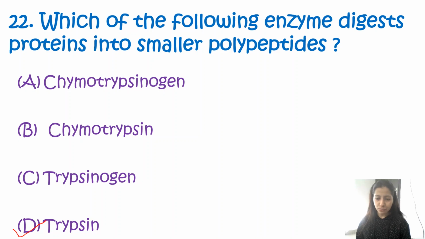This active trypsin acts together with the other two principal digestive proteinases, that is pepsin and chymotrypsin. So my correct option will be trypsin, the enzyme which digests proteins into smaller polypeptides, in its active form. Option D.